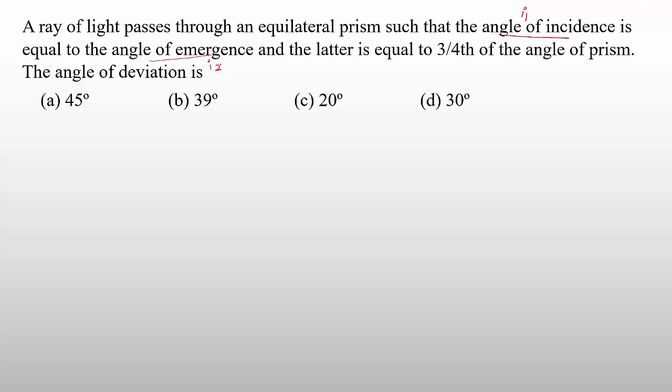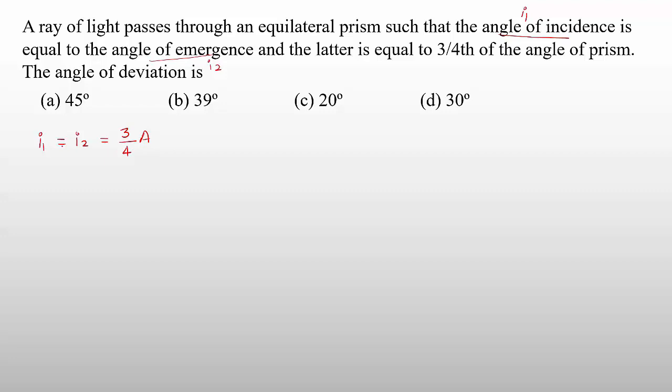Here I1 and I2 are equal, and which is equal to 3/4 of the angle of prism. That means I1 is equal to I2 because the angle of incidence is equal to the angle of emergence. It is given in the problem. And this is equal to 3/4 of the angle of prism. Correct? I1 equal to I2 equal to 3/4 times the angle of prism.